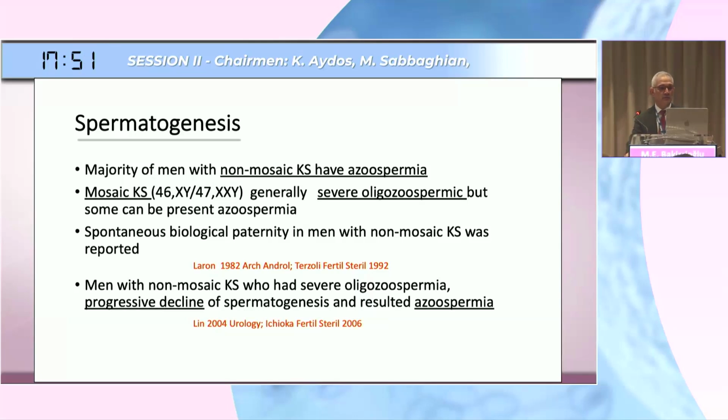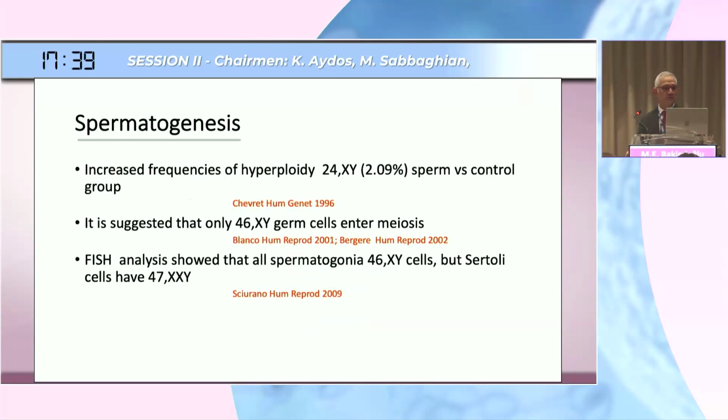Men with non-mosaic Klinefelter's who had severe oligozoospermia show a progressive decline in spermatogenesis and result in azoospermia during their life.